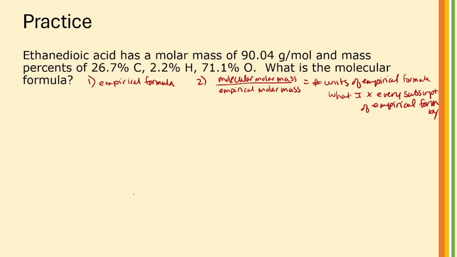Okay, step one, let's change colors so we can tell it apart. 26.7 grams of carbon. Again, I'll assume I have 100 grams. And then the percents become how many grams I have of each, because I want mass, not percentage. 2.2 grams of hydrogen, 71.1 grams of oxygen.